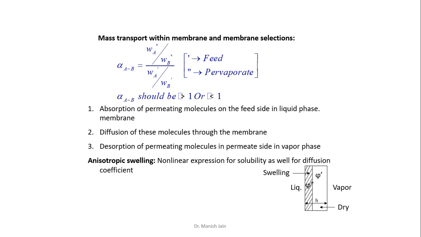When the membrane has such a high affinity towards a single component, and that component is absorbed inside the membrane, then the polymeric membrane will swell in the presence of that component. When the liquid molecule enters the polymeric structure, the polymer starts to swell, and then the diffusion and absorption phenomena will change.